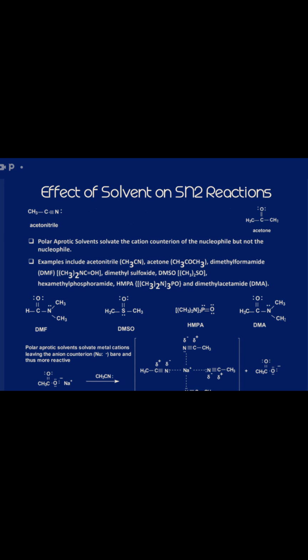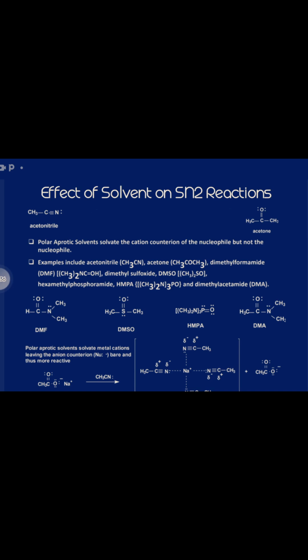Let's see the polar aprotic solvents. Polar aprotic solvents solvate the cation counterion of the nucleophile, but not the nucleophile.